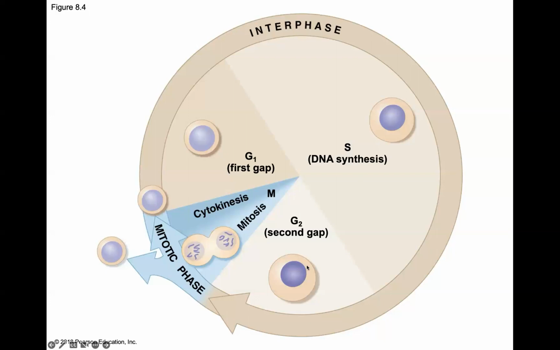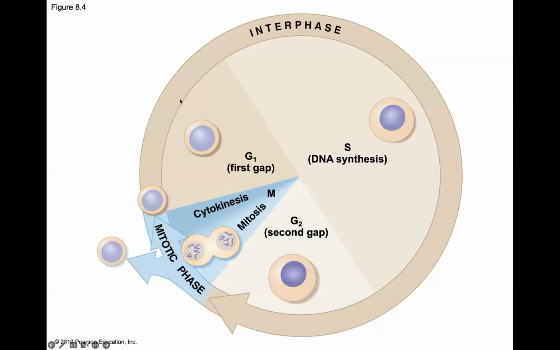Checkpoints are there to make sure that things have happened the way that they should. And then this cell will move into M phase, this mitotic phase, all right? This is where the actual cell division takes place during cytokinesis, all right? So we'll run through what's happening at each of these phases of the cell cycle, all right?